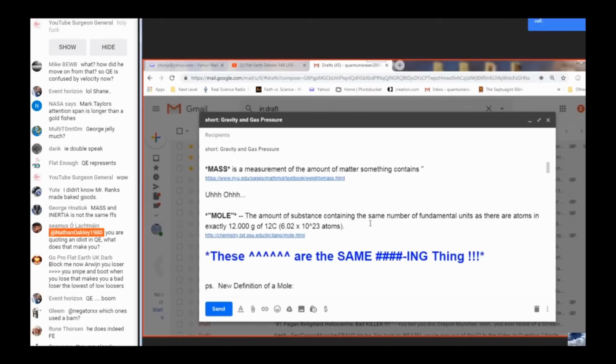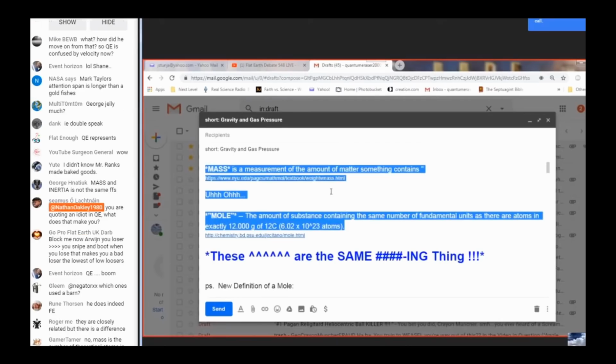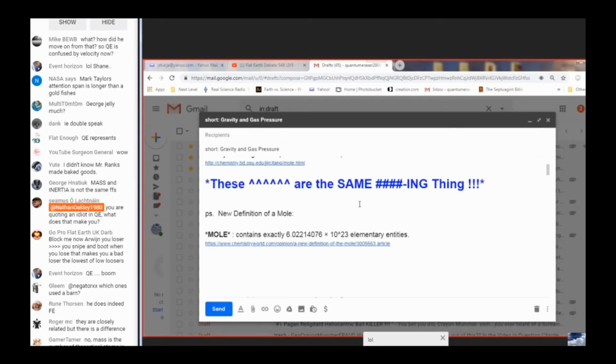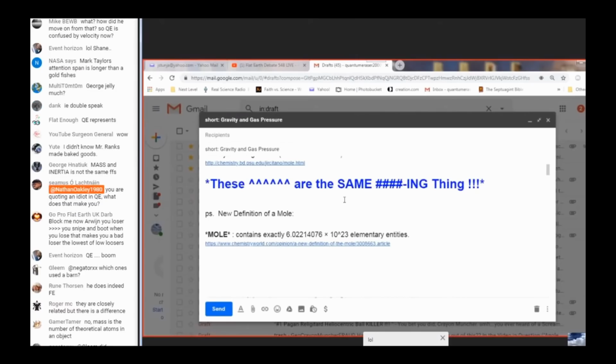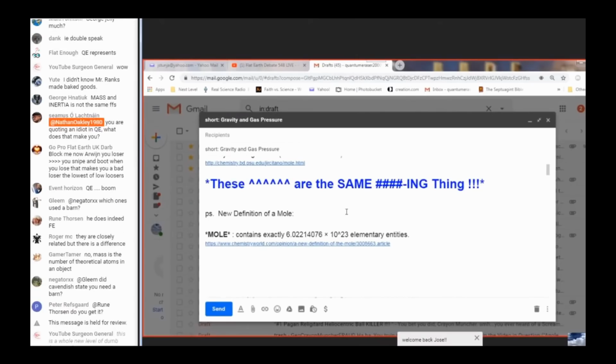That's 6.02 times 10 to the 23rd atoms. These are also the same exact definition. And by the way, they just changed the definition of a mole to it contains exactly 6.022 times 10 to the 23rd elementary entities.